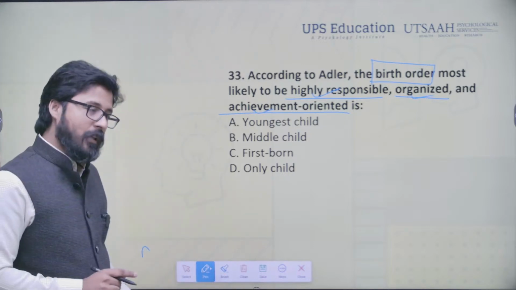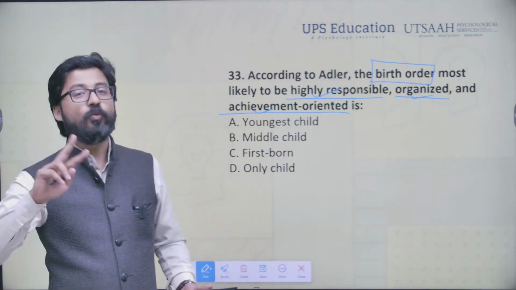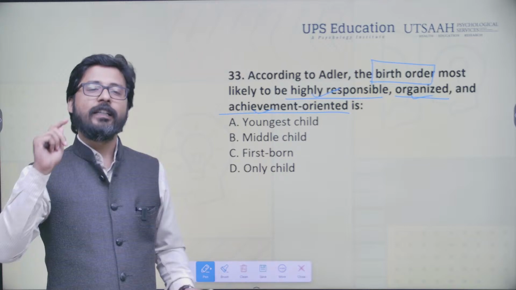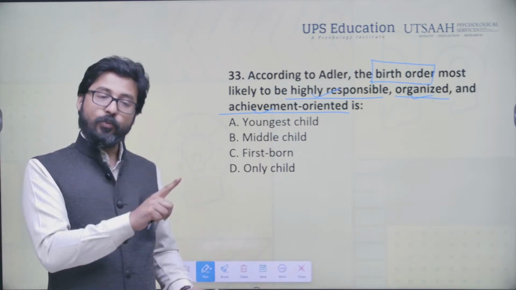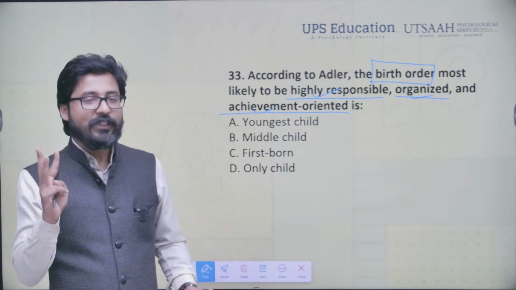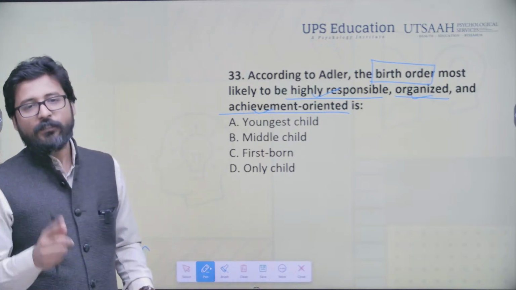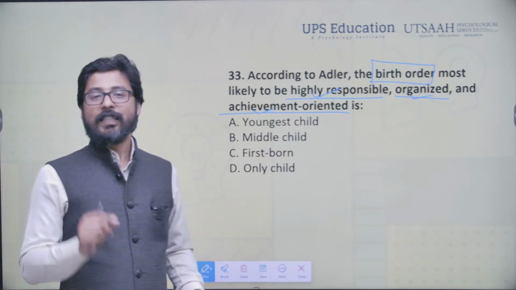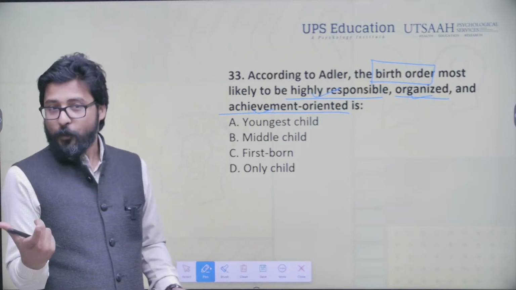At the same time, when there is a second-born child: if there are two children, we can say firstborn and younger. If there are three children, then firstborn, second-born and youngest. So the second-born will have qualities like being competitive, adaptable, and very diplomatic.